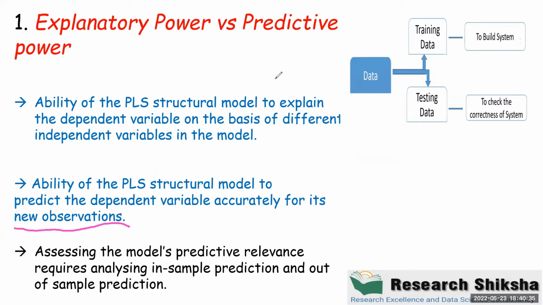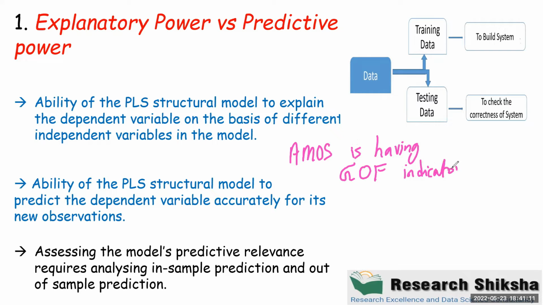Now, if you run SEM in AMOS, you have so many goodness of fit indices. But in PLS, we do not have so many goodness of fit indices. But PLS has a very good feature that is known as predictive power. So one of the conclusions that I want to write here is that AMOS has goodness of fit indicators, and PLS has predictive measures.